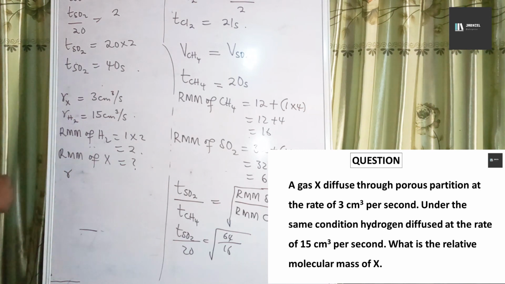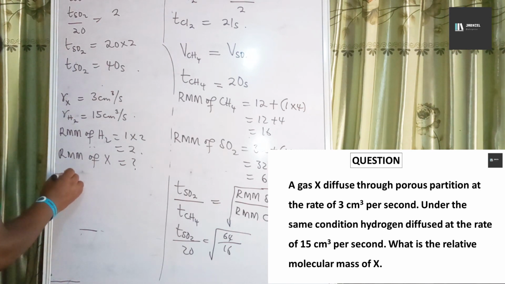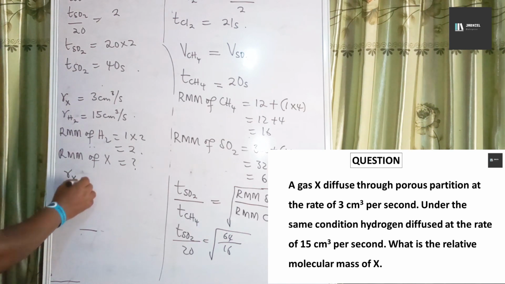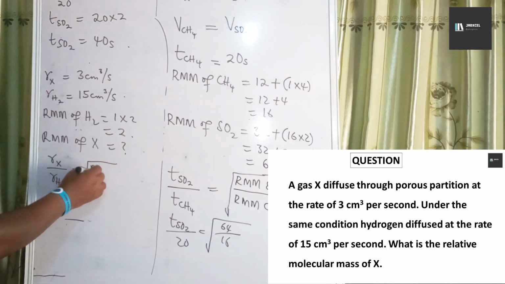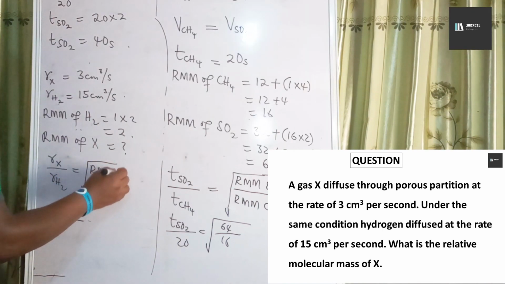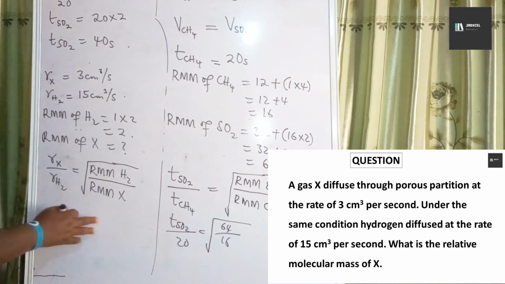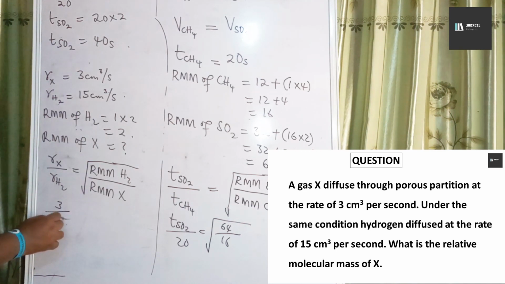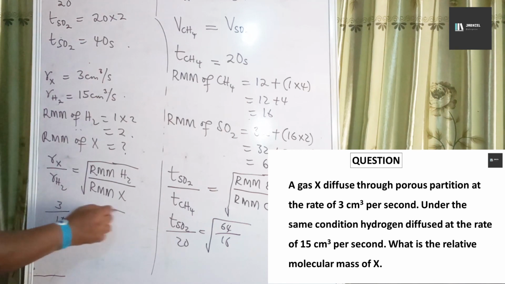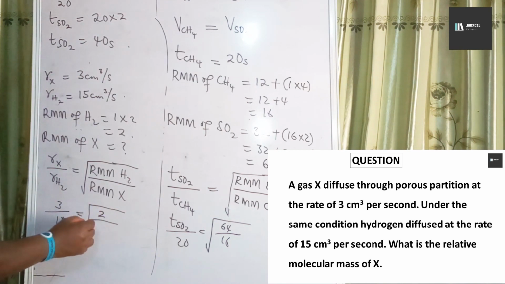If we take X as our first gas, we can say the rate of diffusion of X with respect to that of hydrogen will be equal to the square root of the relative molecular mass of hydrogen divided by the relative molecular mass of X. So the rate of diffusion of X is 3 and that of hydrogen is 15, equals the square root of the relative molecular mass of hydrogen, which is 2, divided by the relative molecular mass of X.